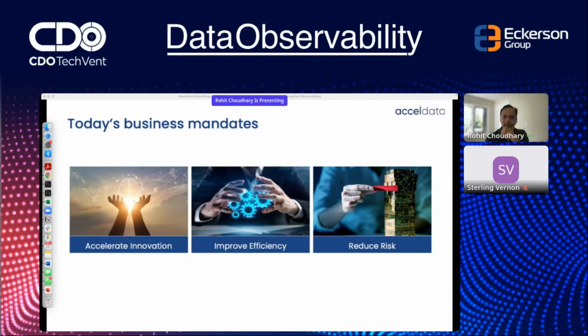And data is definitely one of those areas where people can extract a lot of efficiency and accelerate innovation by just understanding what is really going on in their own business. And that's where we are today, in the world of business.